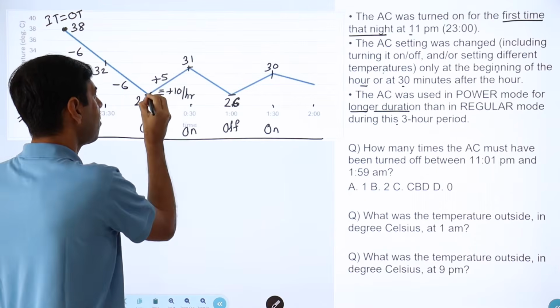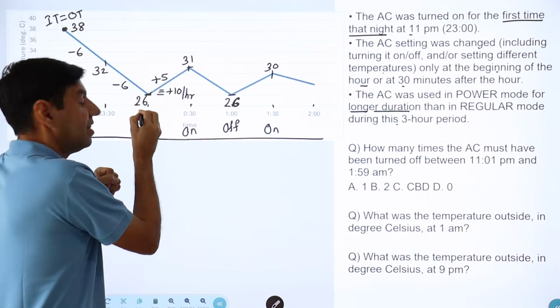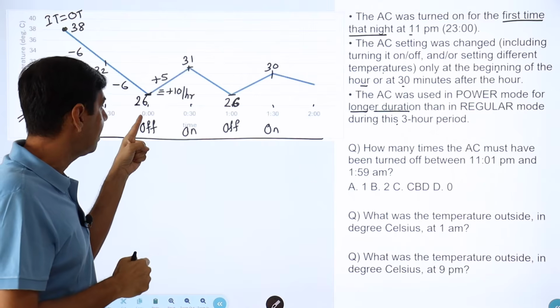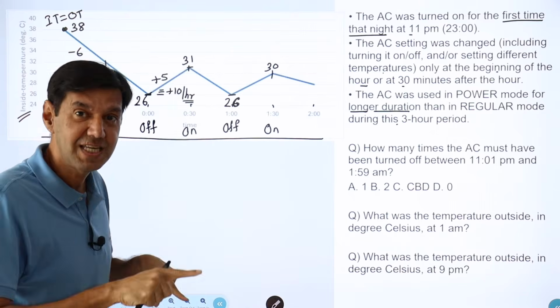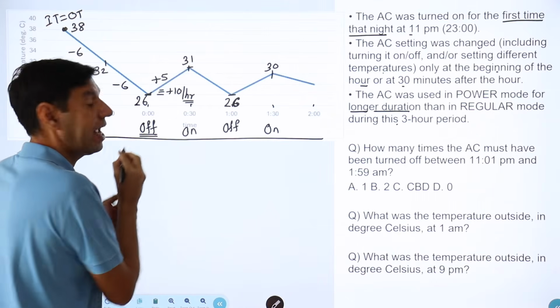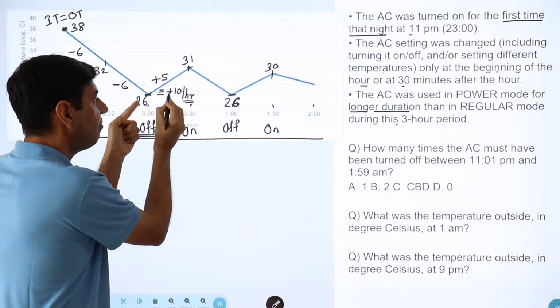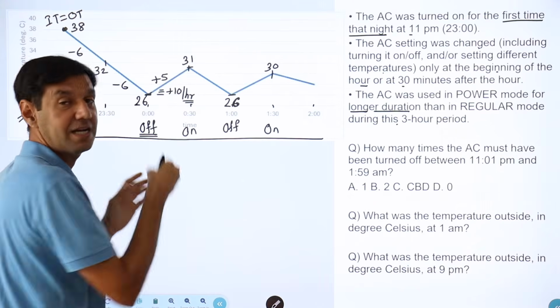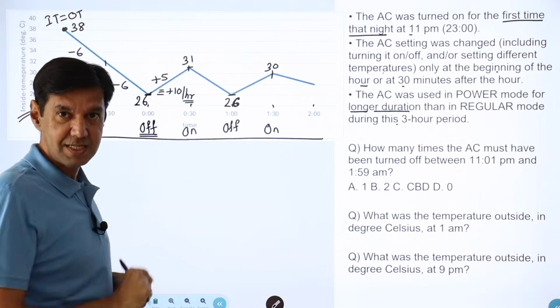This 10 is important because it's increasing at such a rate that the room temperature in 1 hour's time will become same as the outside temperature when the AC was put off. So this is the rate of increase in 1 hour. How much will it increase? It will increase from 26 to 36.